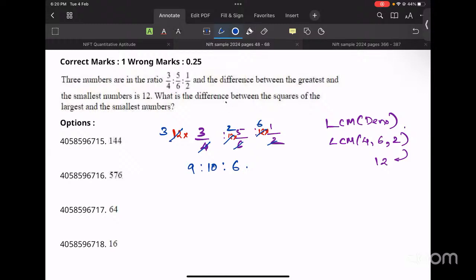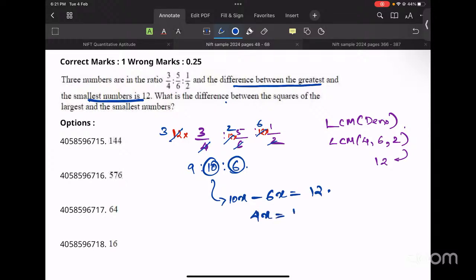So what is the difference? The difference between the greatest and the smallest is 12. The greatest is 10x and the smallest is 6x, so 10x minus 6x equals 12. Over here, 4x equals 12, which implies x equal to 3. Now we have the value of x. What is the difference between the square of the largest and smallest number?